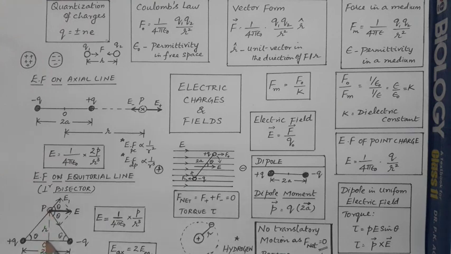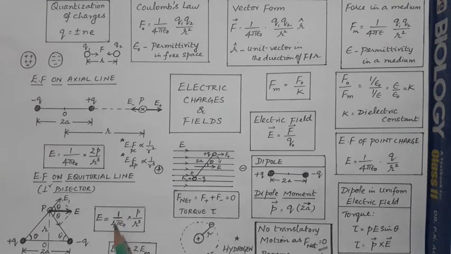The distance between O and P is r. Again, you further do the calculations. Due to the positive charge, the electric field is outward, E1, and due to the negative charge, the electric field is inward, E2. The net electric field E, using the parallelogram law of vectors, turns out to be in this direction, and theta you can take to be 60 degrees if it is an equilateral triangle.